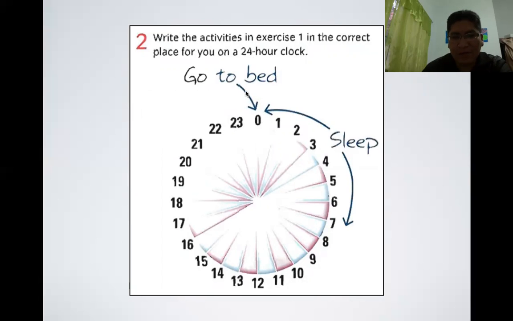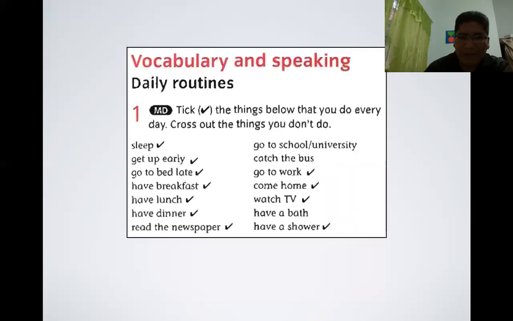For example, go to bed, maybe. Here is the example, go to bed and sleep 7 hours from 12 o'clock to 7 o'clock, sleep activities. And you have to complete a similar 24-hour clock with these activities.